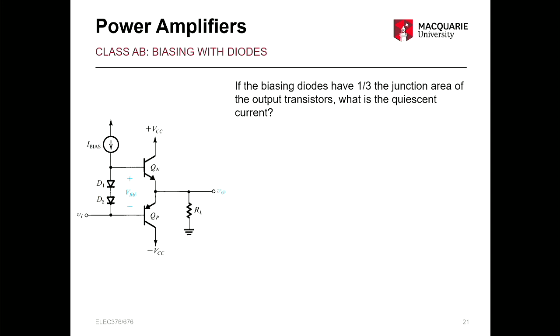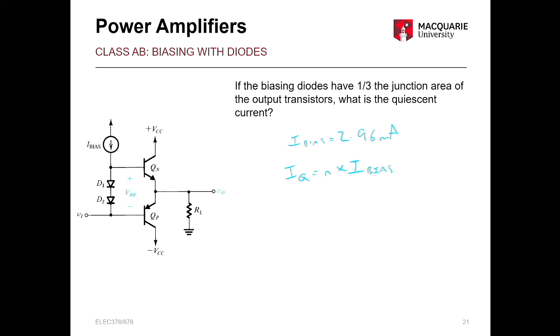So now if the biasing diodes had 1/3 the junction area of the output transistors, what would the quiescent current be? So we know our I bias is equal to 2.96 milliamps. And we know from our equation earlier, IQ equals N times I bias.